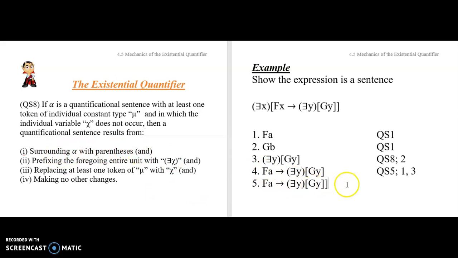Just like this, okay, and I'm using the brackets just as a sort of device, and then we can prefix that entire unit with the existential quantifier, provided that the variable we use does not already occur in the sentence, and it does not, there's no x in there, and we have to replace at least one individual constant, in this case this one, and that's going to give us QS8 on line 4, and that is a demonstration that this expression is in fact a quantificational sentence. It can be built using our rules and nothing else.